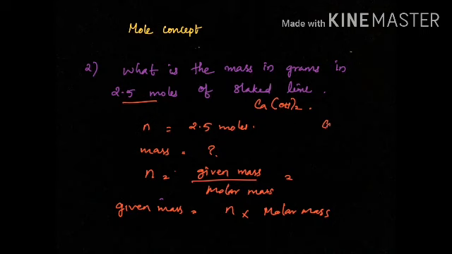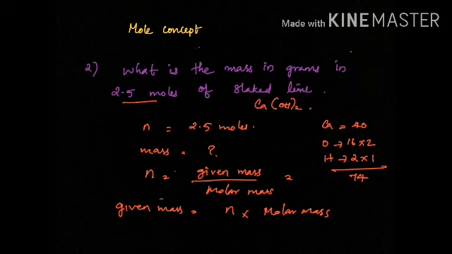Calcium, it is 40, right? Oxygen, how many atoms of oxygen are there? 2, so 16 into 2. Then hydrogen, 2 atoms, so 2 into 1. So we get Ca(OH)2 as 74. So given mass is 2.5 into the molar mass 74. What is the answer? 185 gram. Hope you got the answer.